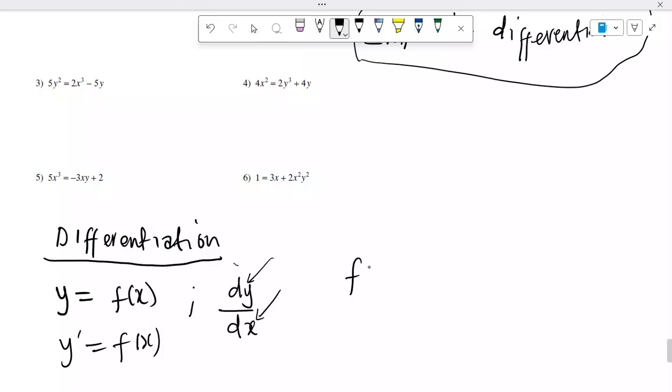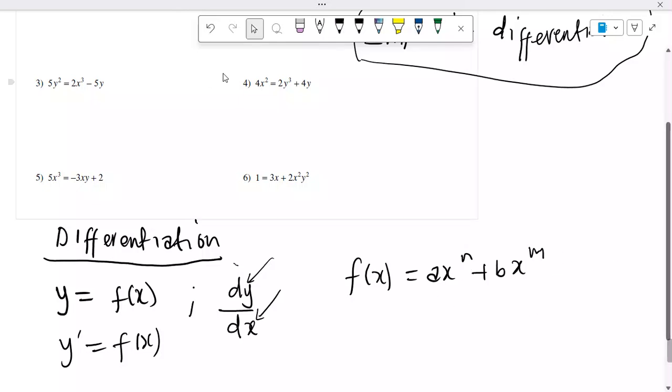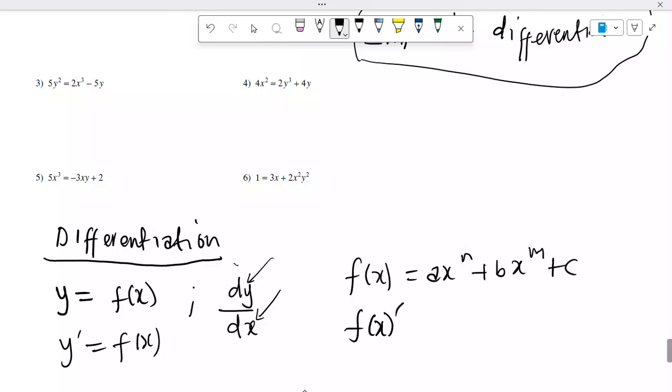At times there might be a function equal to ax to the power n plus bx to the power m plus c. If we say differentiate this function, we write it with a prime.